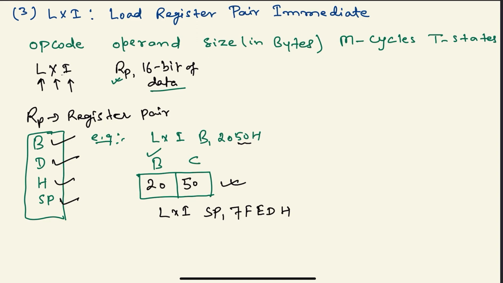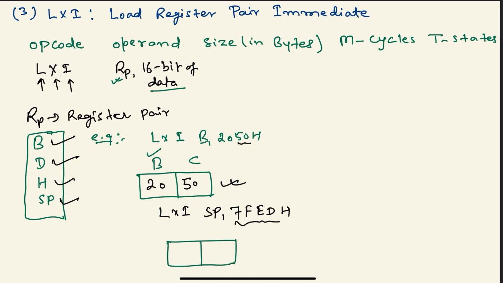This is 16 bit of data, and this is the stack pointer register. This instruction is basically used in stack memory related operations while initializing the stack pointer value.